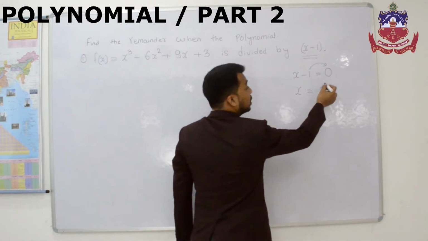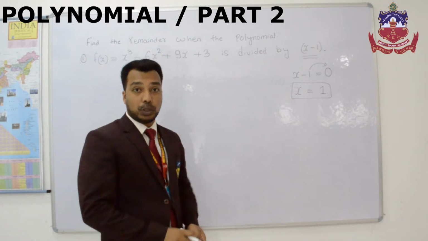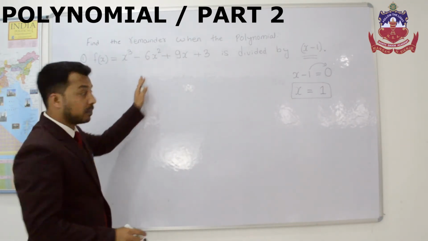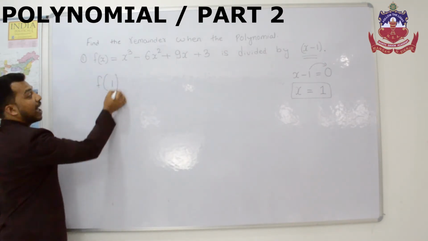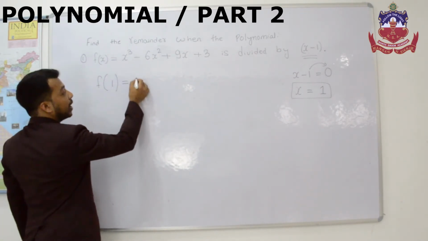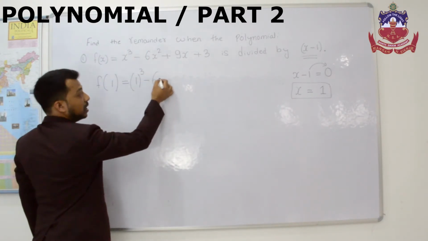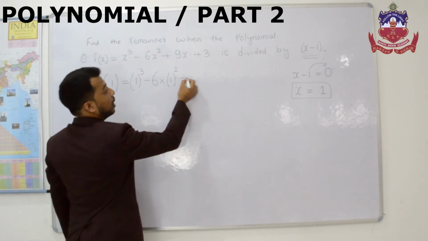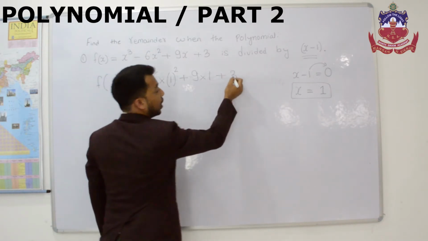Now we need to substitute this value of the variable, that is 1, in the bigger polynomial f. Instead of x we put 1: f(1) = 1^3 - 6(1)^2 + 9(1) + 3.